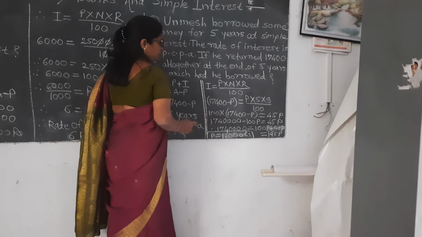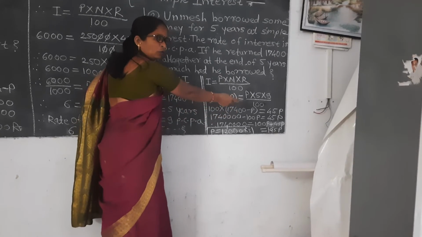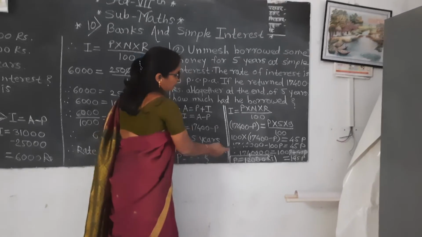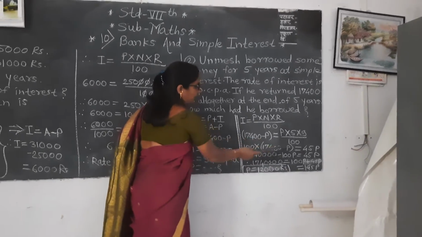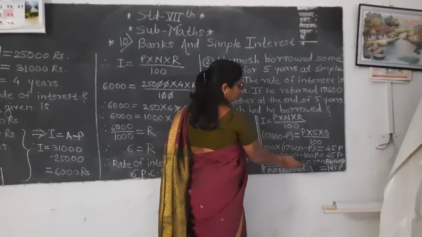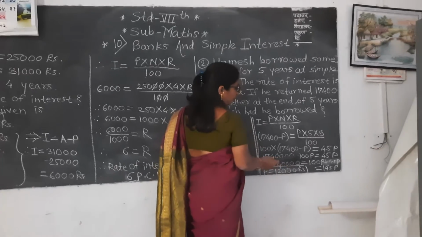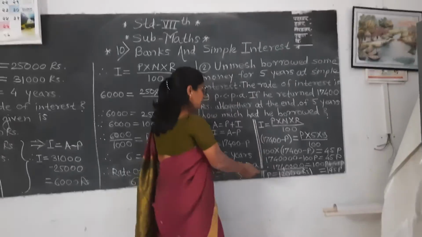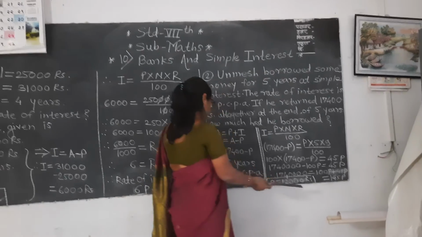We get this multiplication into 45P. Therefore this minus 100P. Evaluating this, we get 100P plus 45P, that is 145P. We get P is equal to 12,000 rupees.